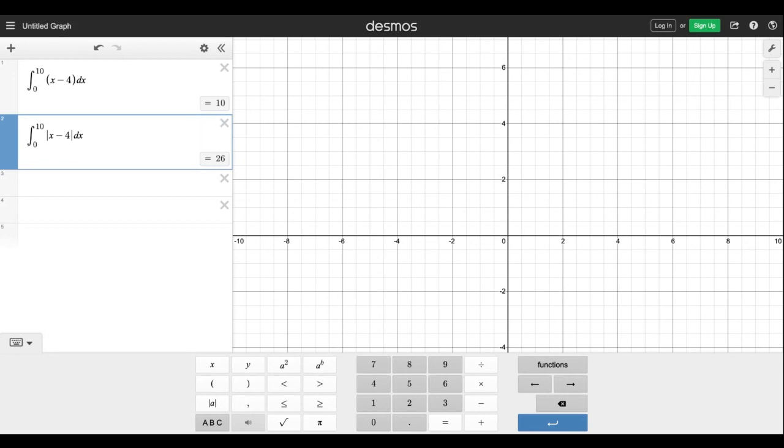Oh boy, I think I put a negative in there instead of a positive. Okay, so what you're going to do is you're going to put the function in. So put in x minus 4. Okay, and then you're going to put comma.